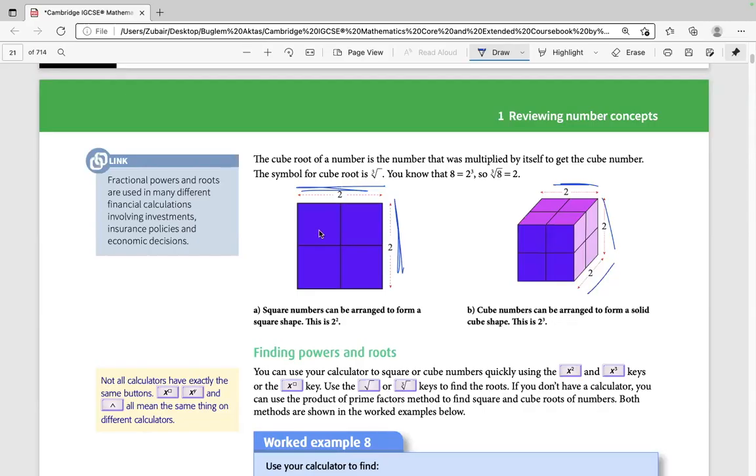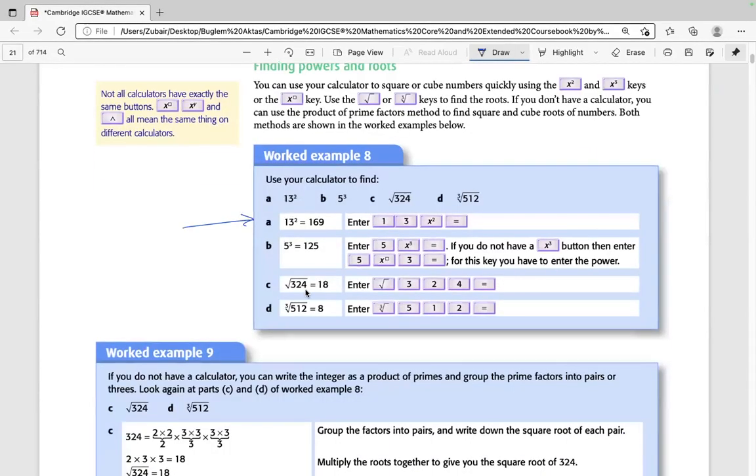And how do we find the square root of 324? We try to find the prime factors of it first, and then we find the pairs afterwards, and then we just do the equations.